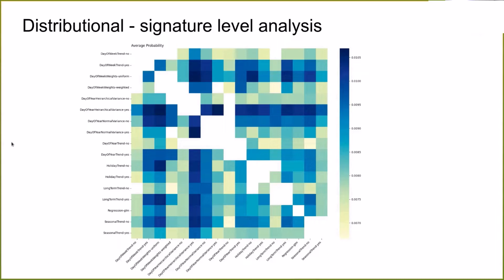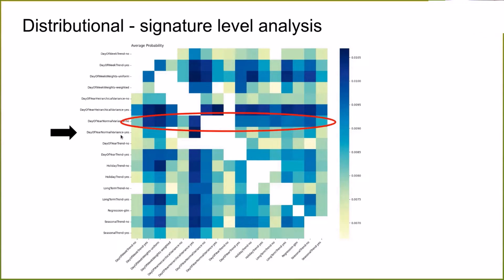So for example, you can see that for the implementation yes for the signature days of year hierarchical variance, in general it works better than the no implementation for all models that contain the yes implementation and some other implementation. And then you can also see that this time the implementation no for days of year normal variance works better in most cases than the implementation yes.